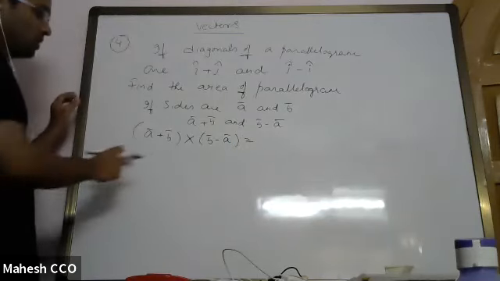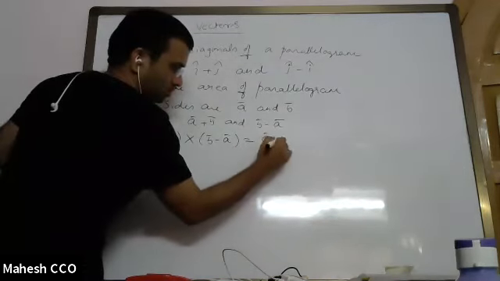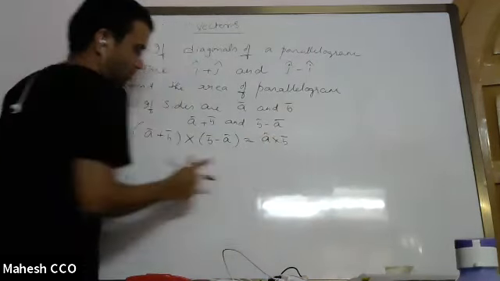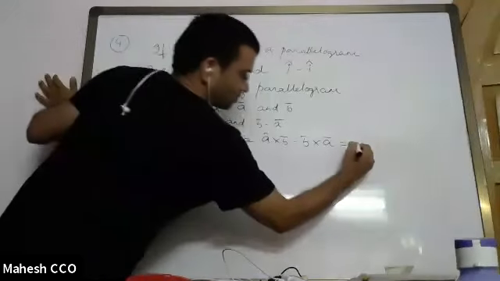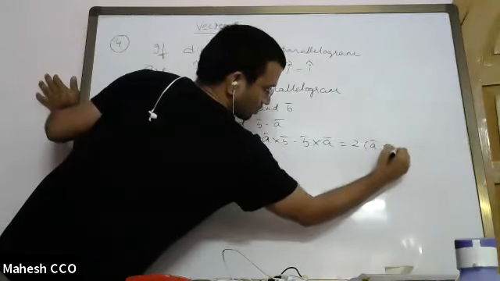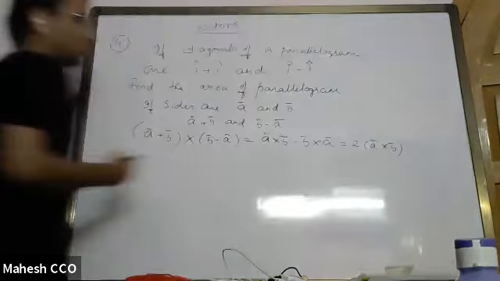That will be A cross B, A cross minus A will be 0, B cross B will be 0, minus B cross A. Now we know that B cross A is minus of A cross B. So A cross B minus of B cross A will be 2 times A cross B. So here we realize that the cross product of diagonals is 2 times the area.